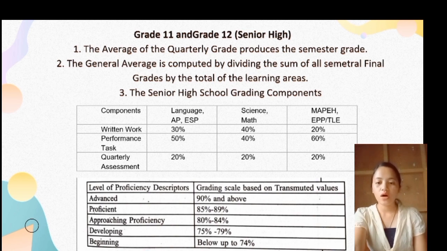We have two columns. The first column is the level of proficiency descriptors. Second is the grading skills based on transmuted values.